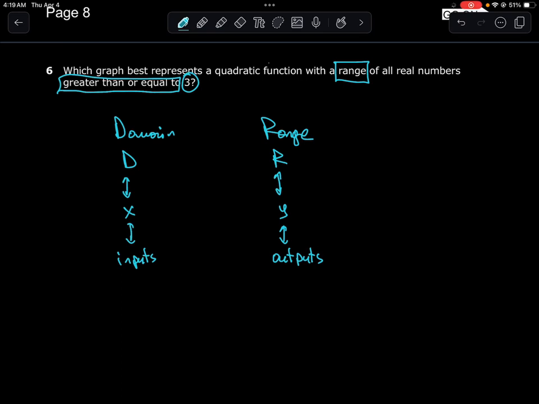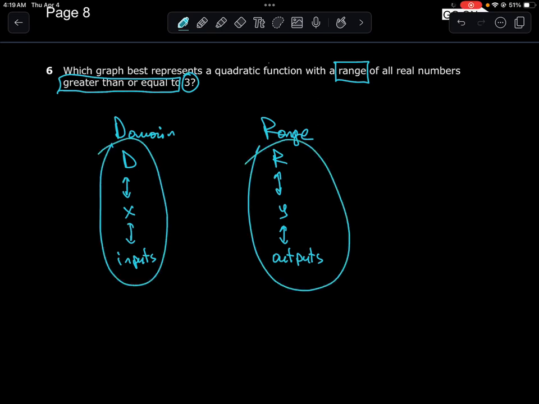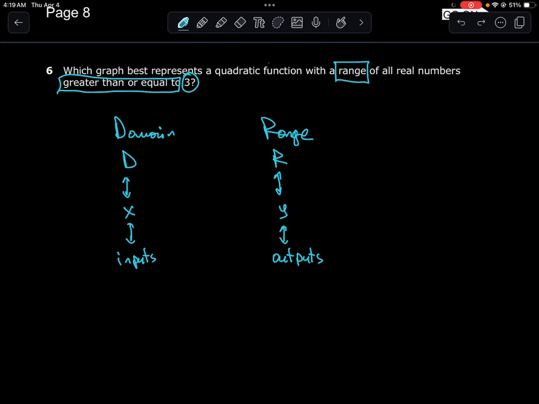Again, you can use the alphabet trick. Whichever is first in the alphabet goes with the corresponding letter that goes first. For example, D is before R in the alphabet, x is before y, and I is before O. All of those go together, and they are before the corresponding letter. So that's a way to remember it.